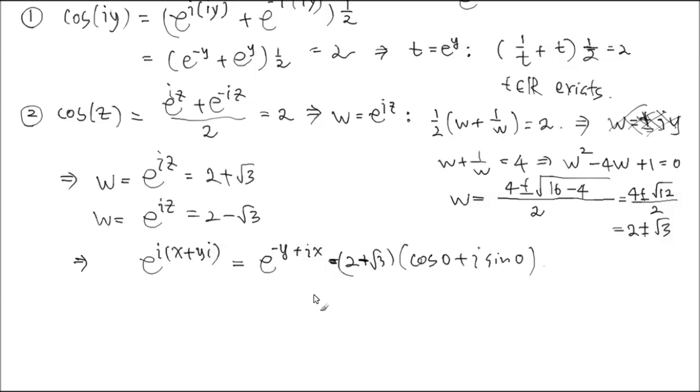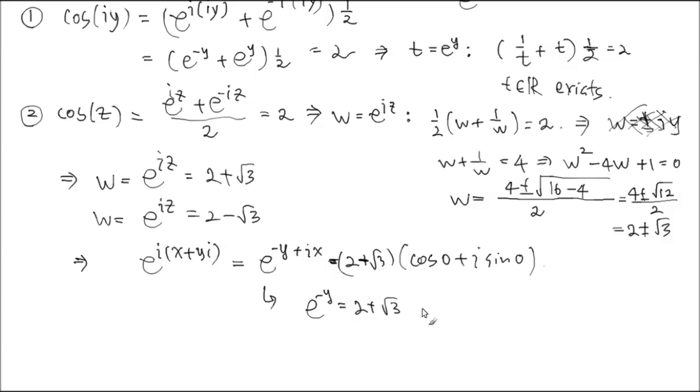So what is the modulus of this one? Not x, right? What is the real part in here? Negative y, right? So isn't the modulus e to the negative y? Correct? And what is the modulus on the right-hand side? 2 plus root 3. Is that right? The moduli must be equal to each other.